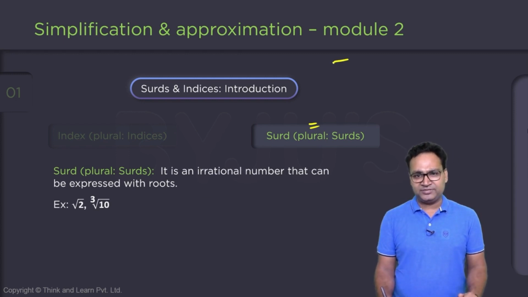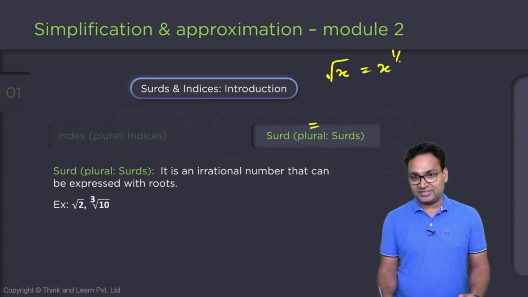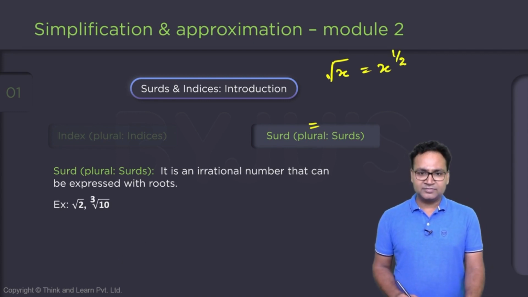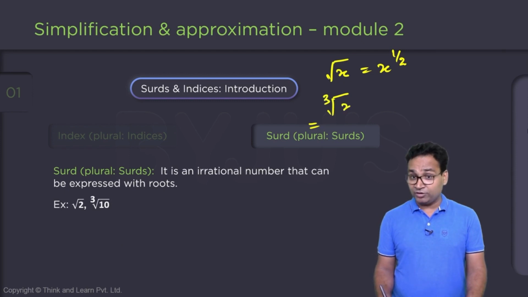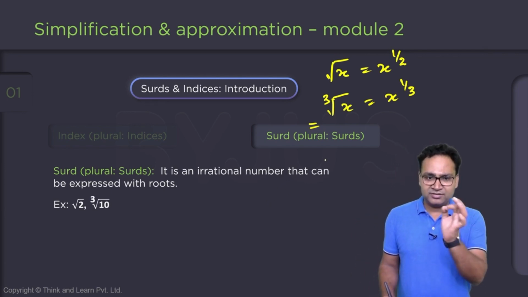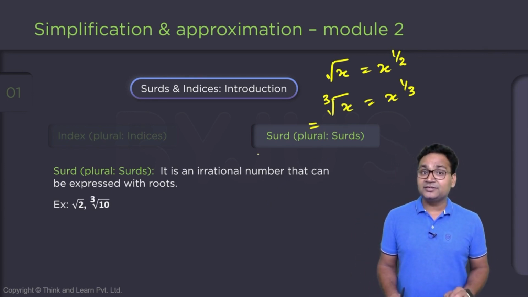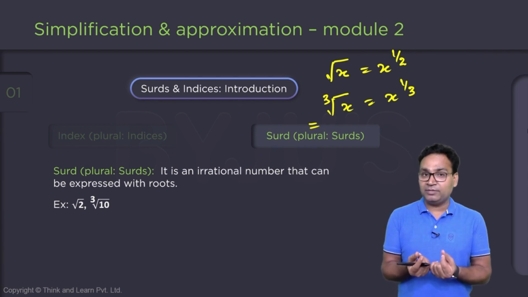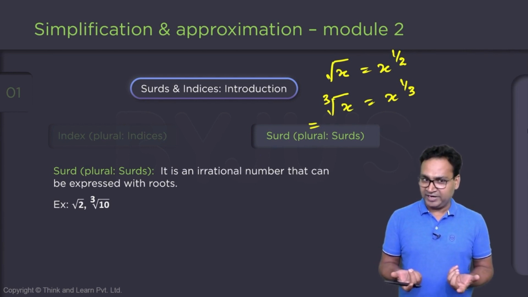For example, I am saying under root of x. The meaning of this is x power half. Okay. When I am saying cube root of x, what is the meaning of this? x power 1 by 3. So these are exactly surds, when the power is a fractional number or a decimal number, right?